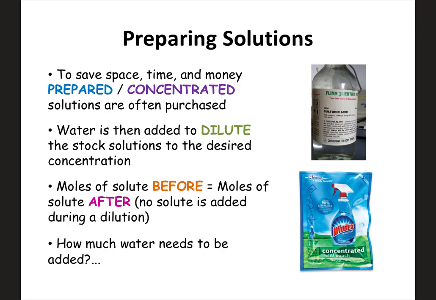The key is when you do these dilutions, the moles of solute before equal the moles of solute after. You're not adding solute here during a dilution. You're just adding water. All right, so because of this, you can do a pretty easy calculation here since the solute is staying the same. So you can actually calculate how much water would need to be added and figure out the volumes and the molarities here, as we're going to see for these dilution problems.